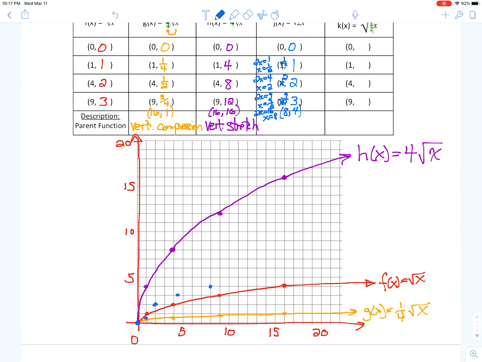If we had the next one, it would be what, 25/2 and 5. 25/2 is 12.5 and 5. So I was able to put another point in there.